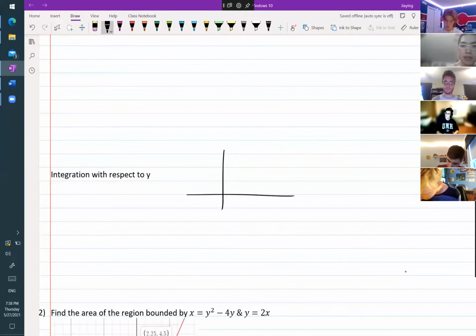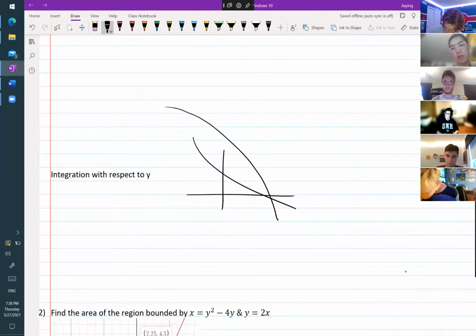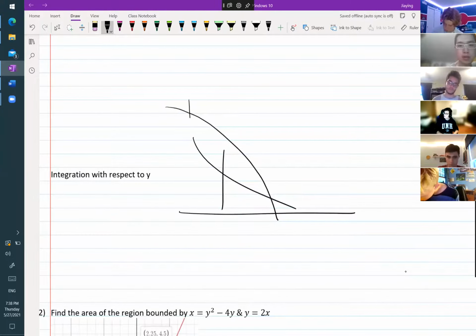let's see, we have a function. This is one function. This is another function. So if you have a function like this, let's call this f, call this g.